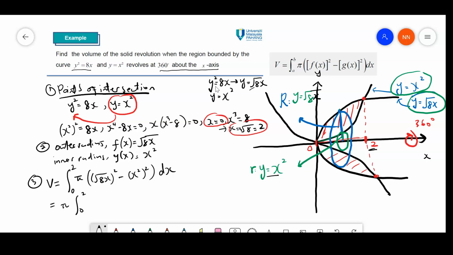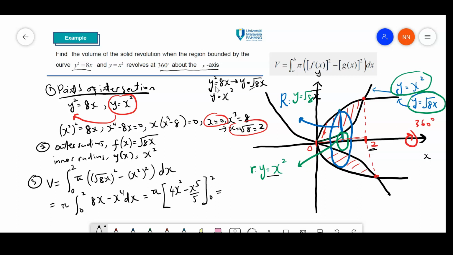So square root 8x squared, you get 8x minus x power 4 dx. Alright. So continue to evaluate this integral. So you will get 8x squared over 2, so 4x squared minus x power 5 over 5 from 0 to 2.